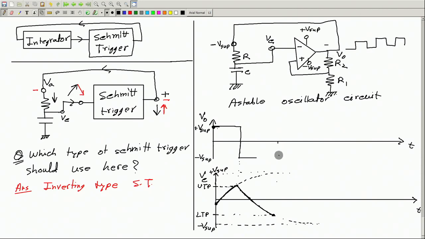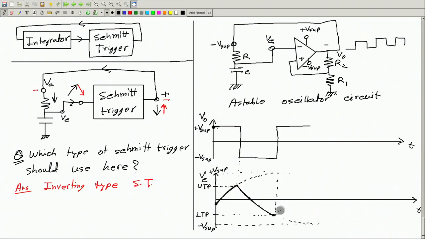So, here the output will become positive. Okay. So, this way this process will continue.